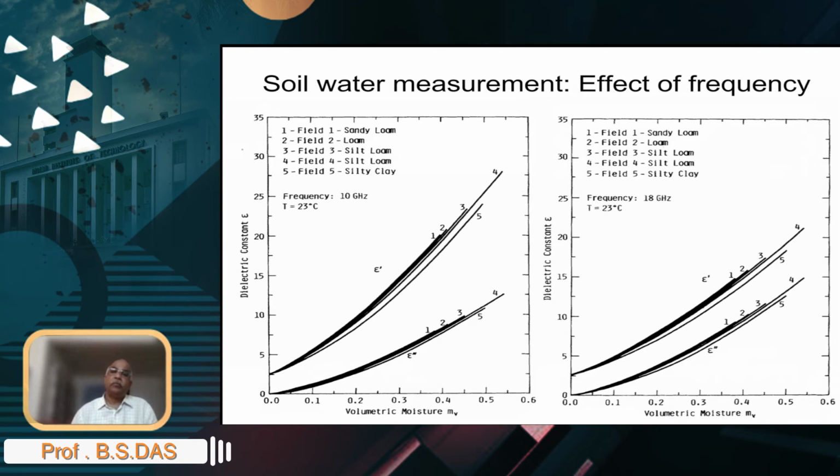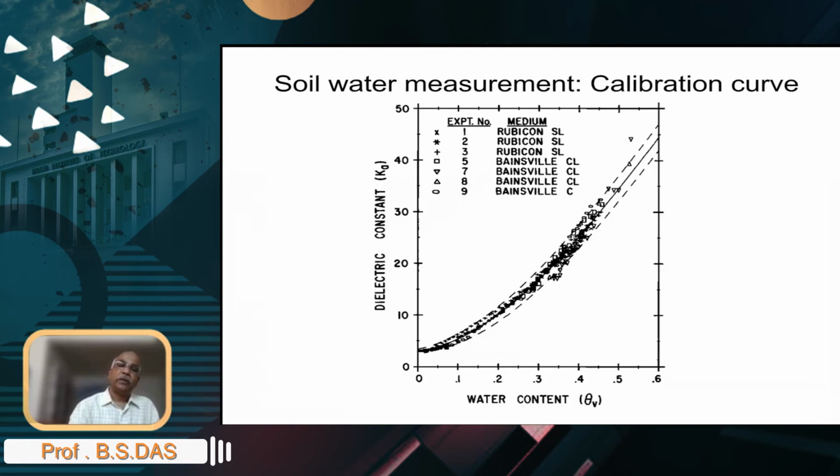Well, this is what people have seen increasing that frequency to even higher frequencies into the gigahertz levels. You see that once you go from 700 megahertz, there are differences between these curves, and then going to 1.4 to 5 to 10 to 18 gigahertz, you can pretty much see a single relationship between the dielectric constant and volumetric moisture content.